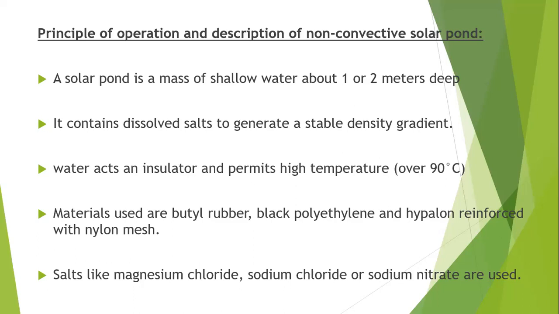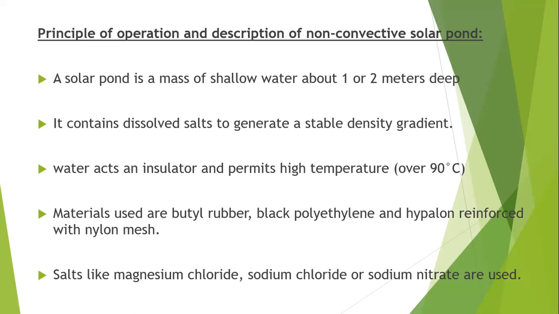The salts used are magnesium chloride, sodium chloride or sodium nitrate. These are dissolved in water, and the concentration varies from about 20 to 30% at the bottom, and is almost zero at the top.